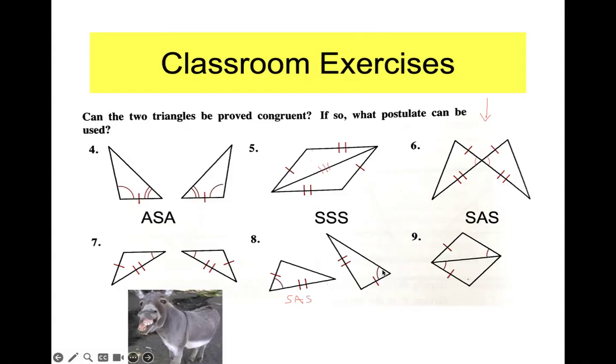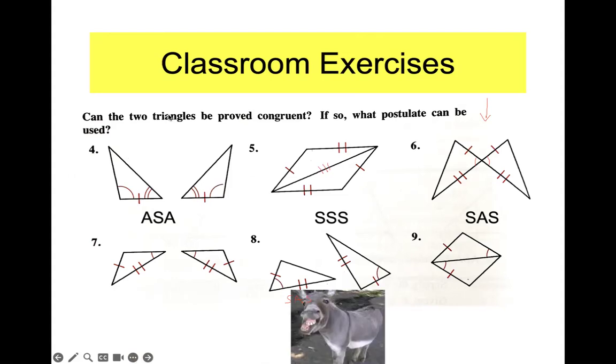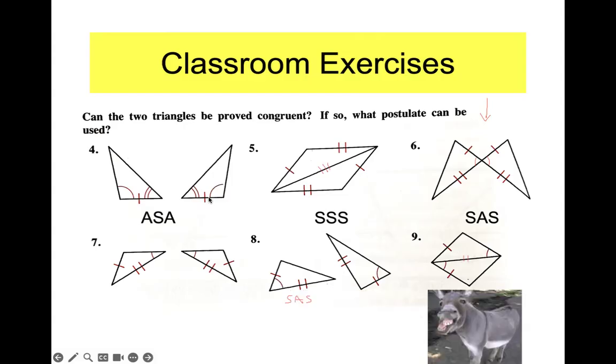But if you look at the one on the right, it spells ASS. So that one is also donkey. And then the last one, let's see. Yes, we do have reflexive property right here, but you can clearly see that the bottom triangle spells SAS, but the top one, once again, does not. So it is donkey as well.